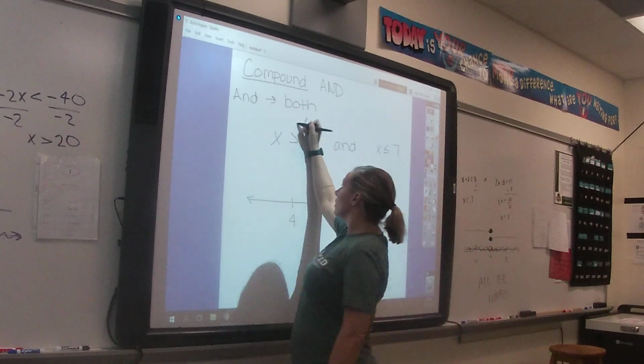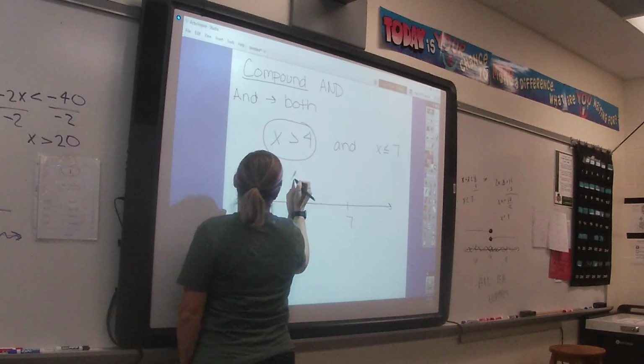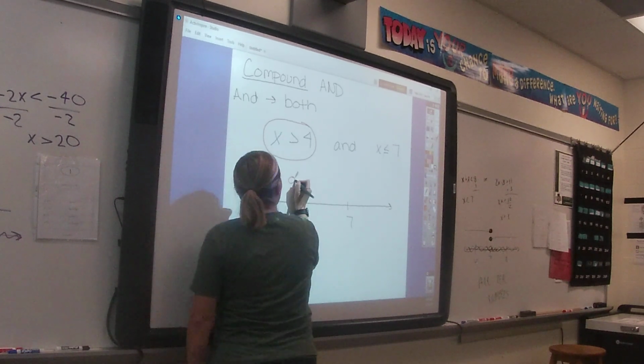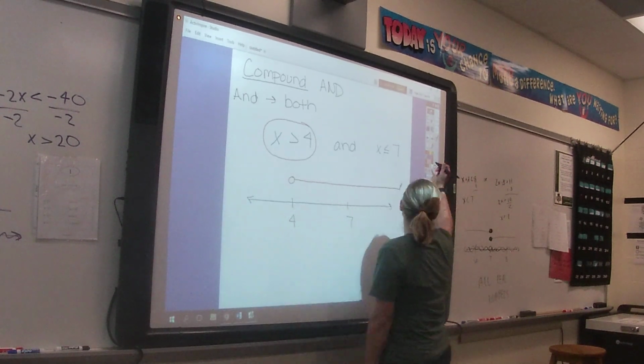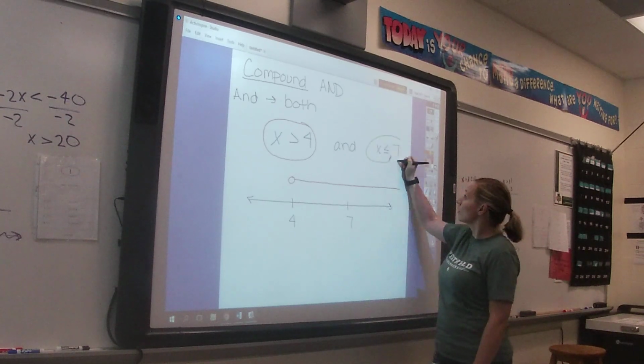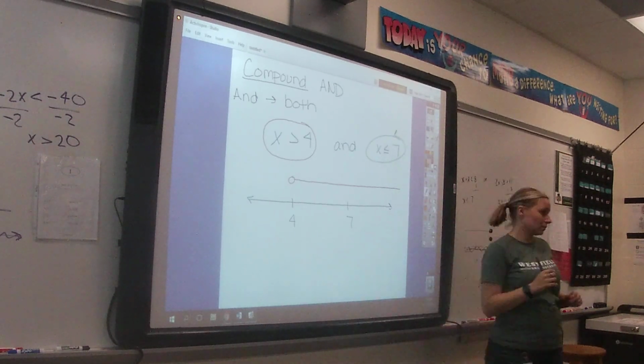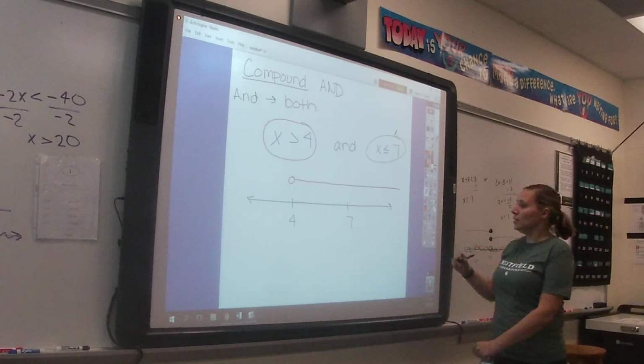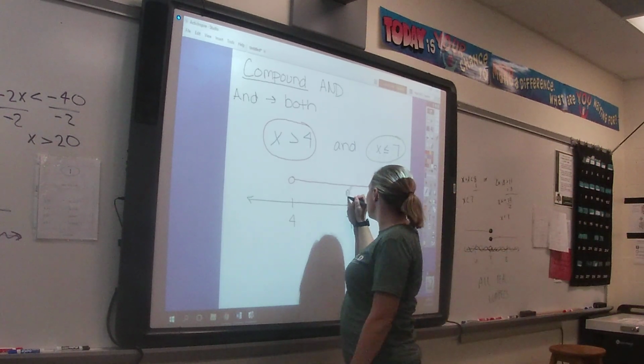Open or filled in circle at 4? Open. To the right or to the left? Right. Open or filled in at 7? Filled in. To the left.